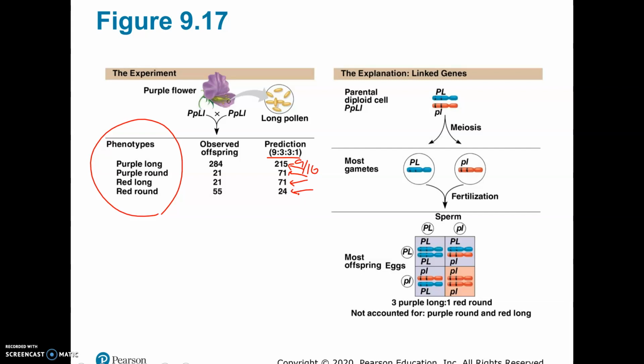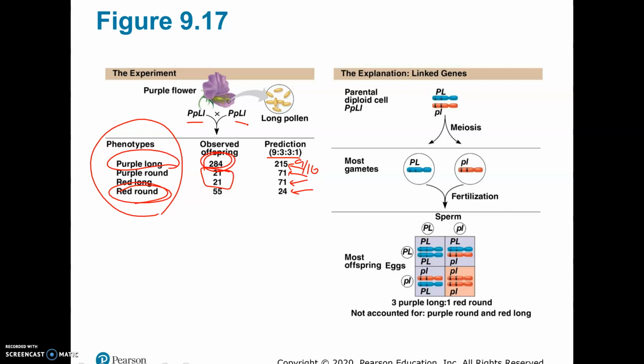That's what you would have expected if the traits were on different chromosomes. But that's not what happened. What ended up happening is you had a lot more of dominant for both traits and a lot of recessive for both traits, and not a lot with these in-between, what are called recombinant phenotypes, like different combinations than what the parents had.